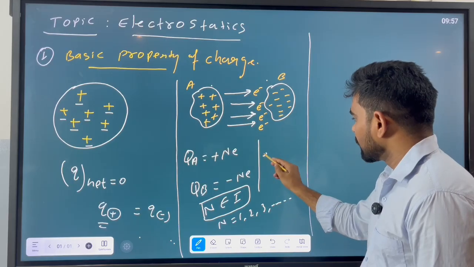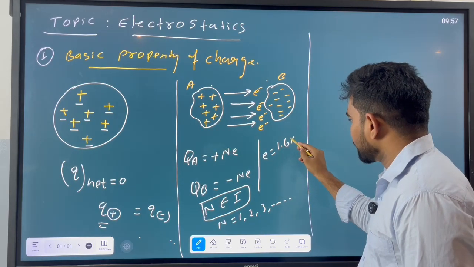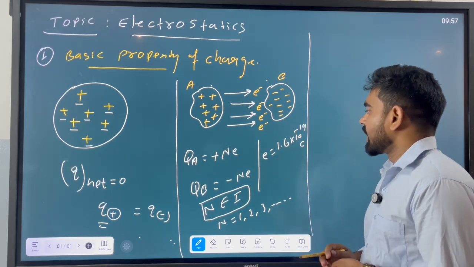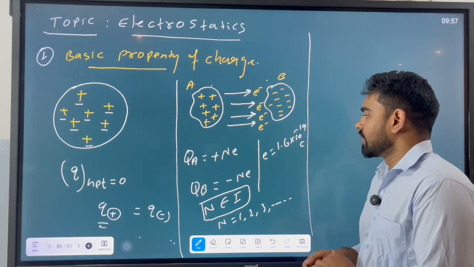And e is equal to 1.6 times 10 power minus 19 coulomb, the charge of one electron or one proton.